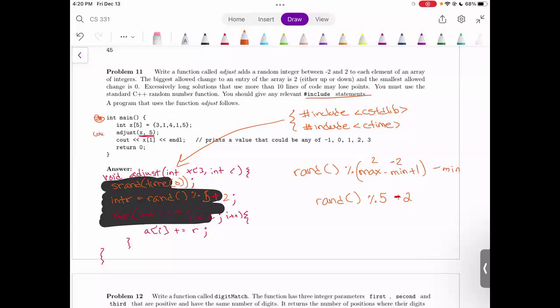There's no cout over here. If there's no cout, then you automatically use void. Okay. So we use void over here because what we end up doing is just changing the values. Because remember, arrays are always passed by reference.